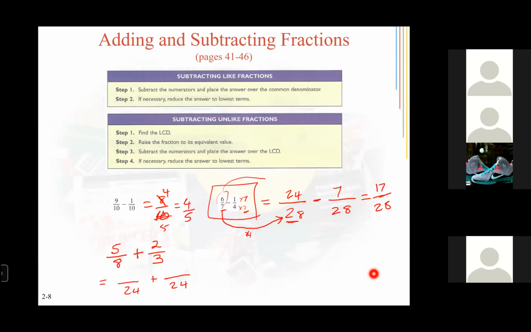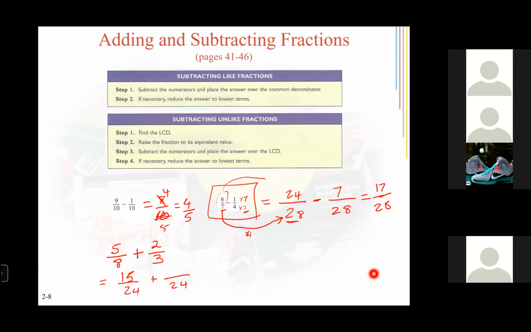So we're going to change both of them so that 24 is the denominator. For the first fraction, 5/8, when you change that so that the denominator is 24, what would be the numerator? It will be 15. 15? Yes, because we are multiplying 3 times 8 to get 24, so we have to say 3 times 5 is 15.